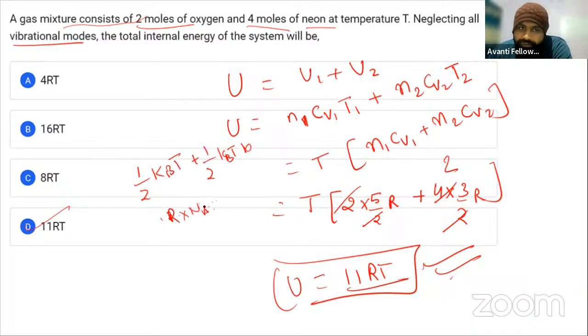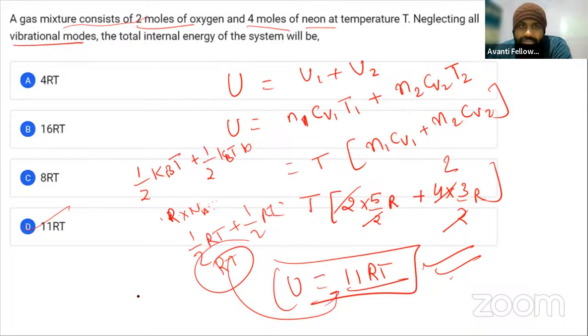If you ignore this NA, then half RT plus half RT, which is 1 RT, is also added. So if you consider the vibrational mode also, this will become 12 RT. Okay, simple.